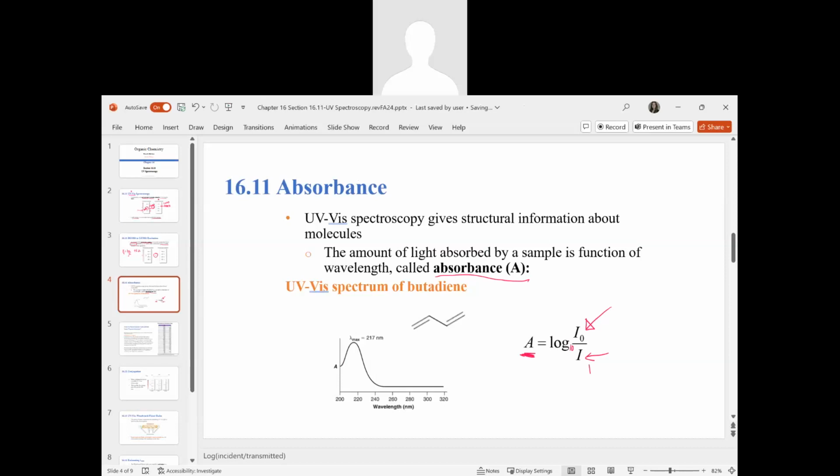This is our transmitted value down here, and this is called our incident light up here, what hits our sample. At a wavelength of 217 nanometers, we have what we refer to as our lambda max, or the wavelength of maximum absorbance. And this is specific to our compound, butadiene.